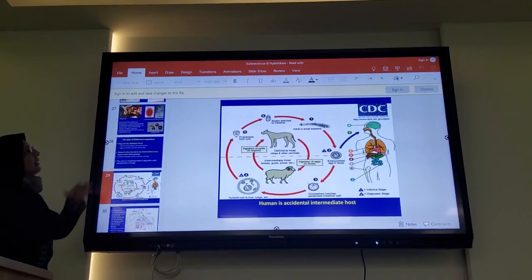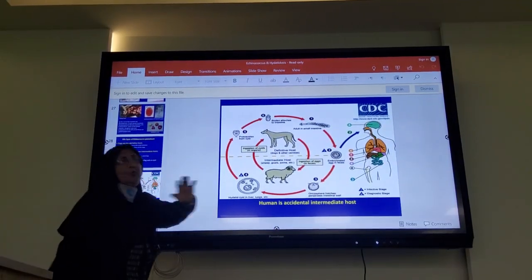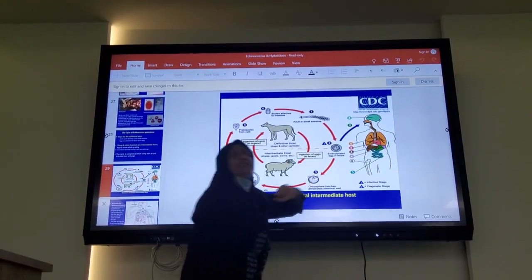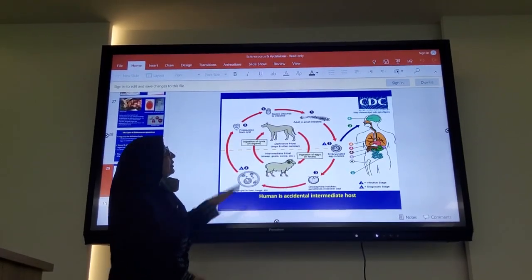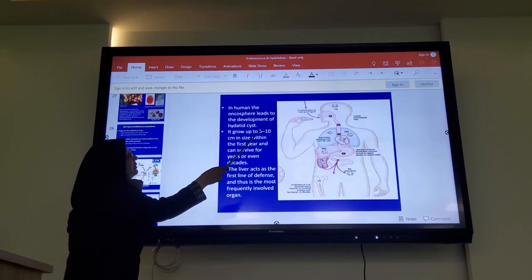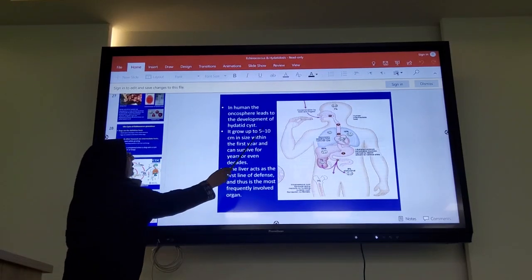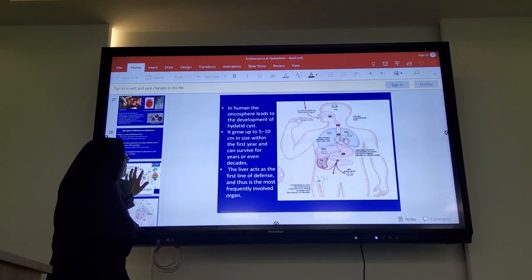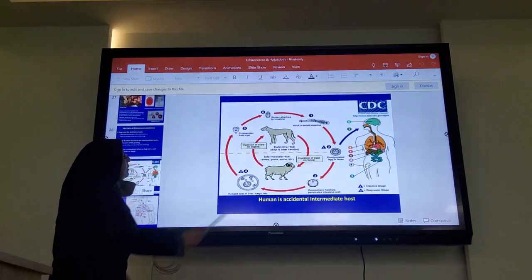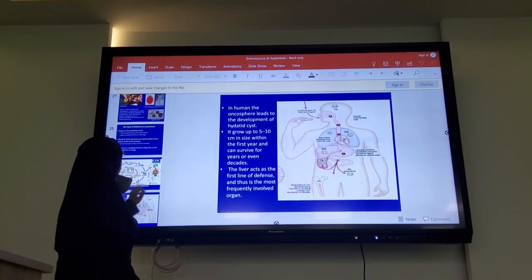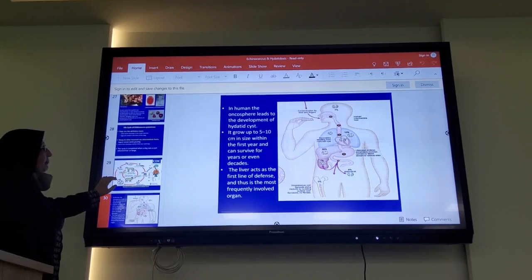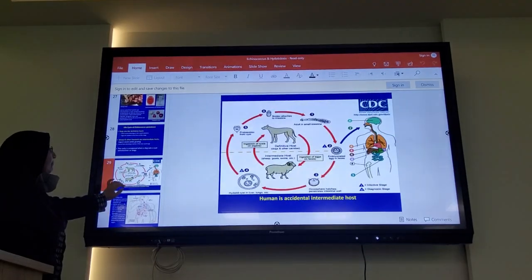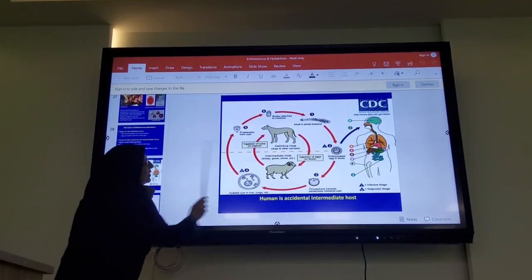Okay, this is the life cycle. As I told you, human is an accidental host. It's not necessary to be in the life cycle. The life cycle happens between the dog and intermediate hosts.